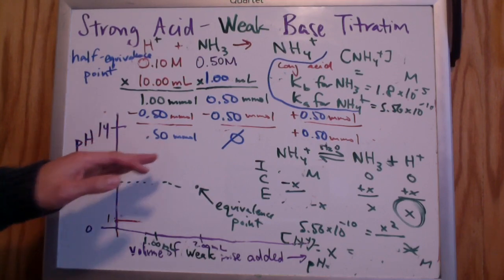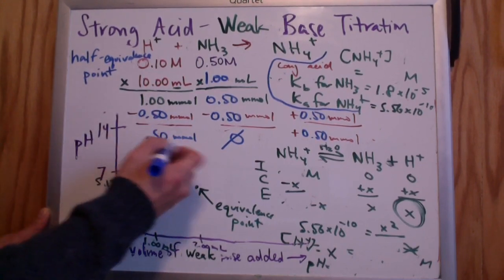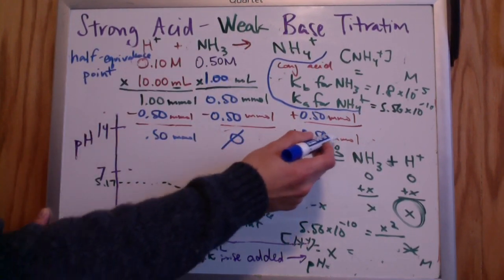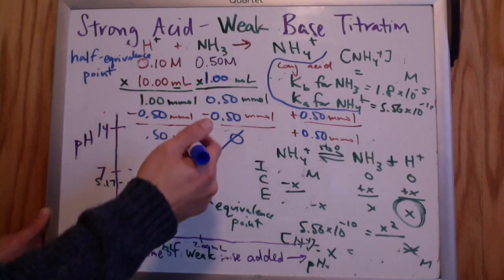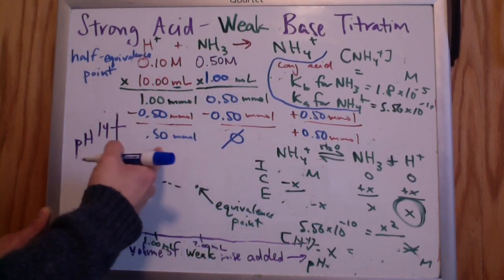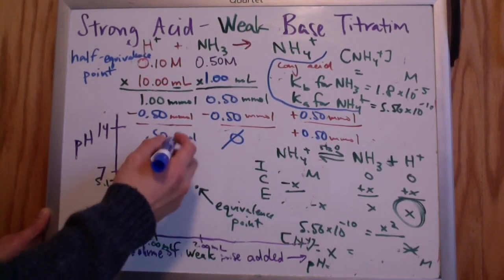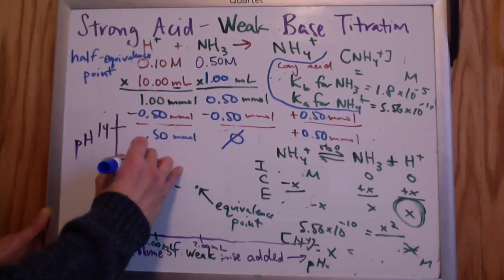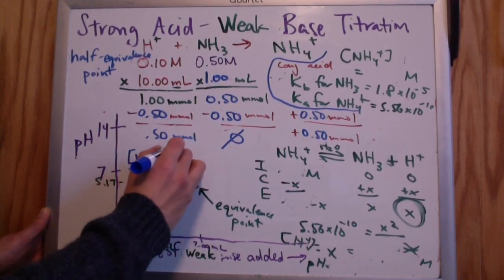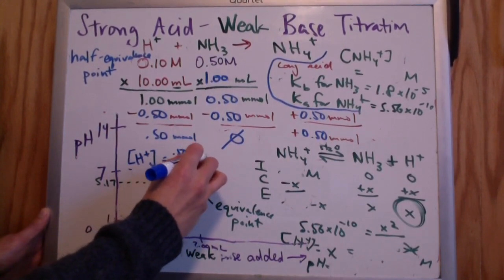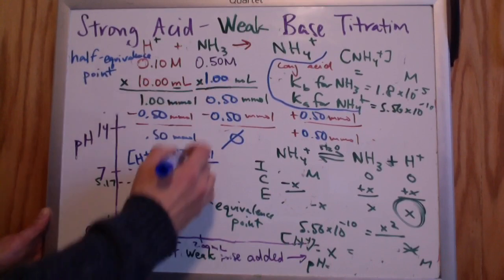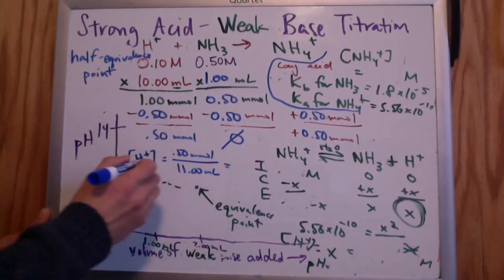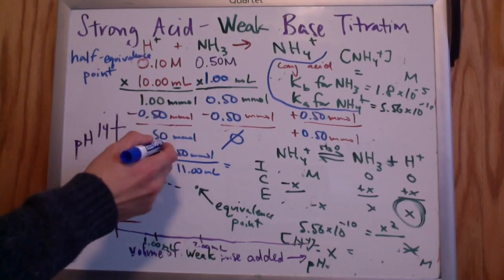In this case, we have 0.050 millimoles of H plus and 0.050 millimoles of NH4 plus, and we've got to find the concentration here. So for HCl or H plus, the concentration would be 0.050 millimoles divided by the total volume, which is 11 milliliters. And that'll get us the H plus concentration from just this.